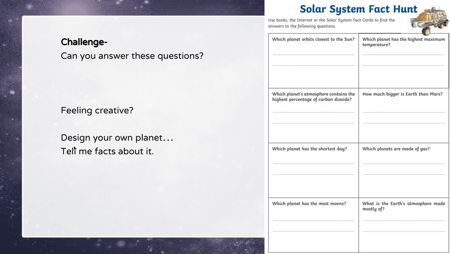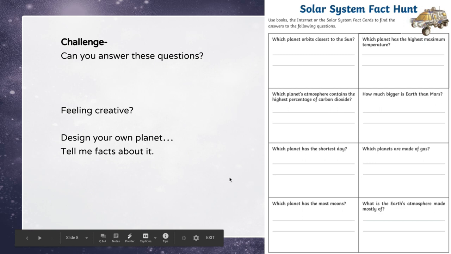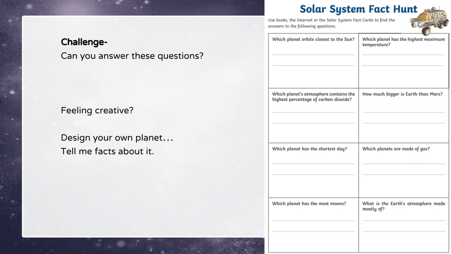So draw it, colour it, even paint it, you choose, and then tell me facts about it. Now, this is made up. You choose what facts you think would apply to your planet. Okay? That's your science lesson. I hope you enjoyed doing it.